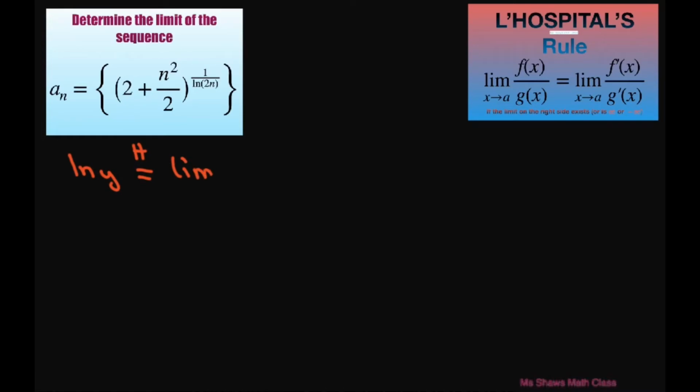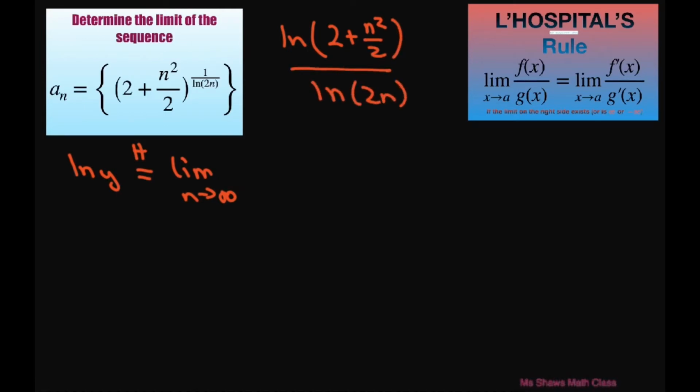So we're going to get the limit as n approaches infinity, and let me write what we had: ln of 2 plus n squared divided by 2, divided by ln of 2n. So we're going to differentiate our numerator and our denominator. That's going to give me 1 divided by 2 plus n squared divided by 2, times, when you take the derivative of n squared divided by 2, you're going to get 2n divided by 2, so it's just going to be n.